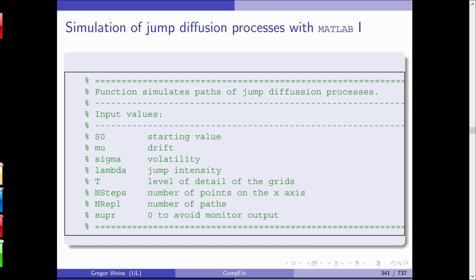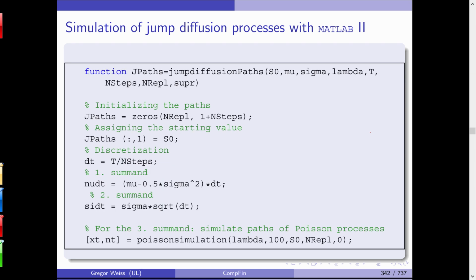jump diffusion process. So if you do this in MATLAB, again, you need a starting value, but you now also need a drift, a volatility, a jump intensity, the level of detail of the grid, the number of points on the x-axis, and the number of paths you want to simulate. It is quite simple, actually, if you know the formula.